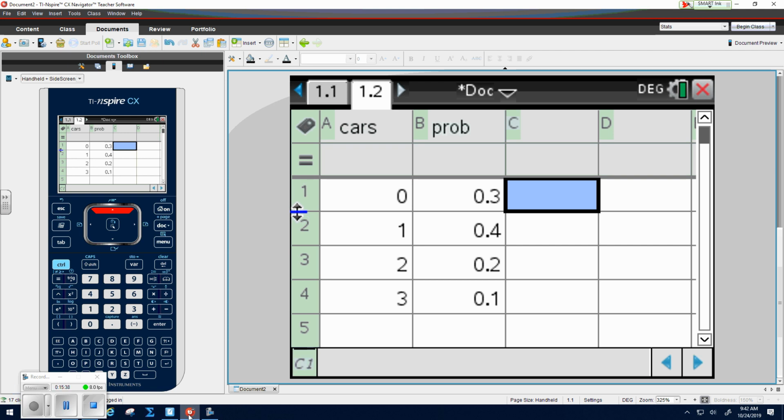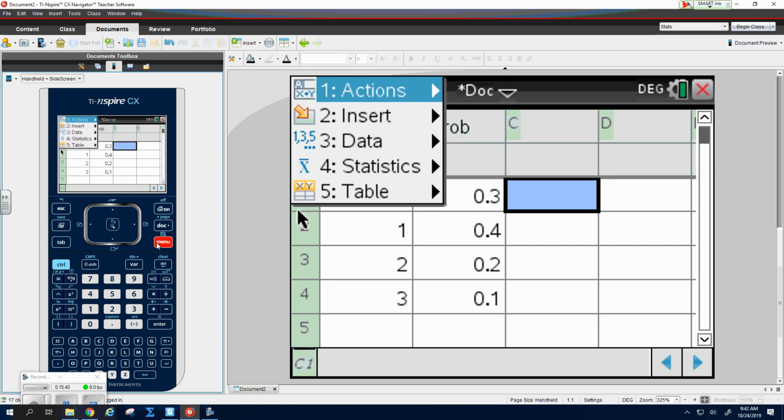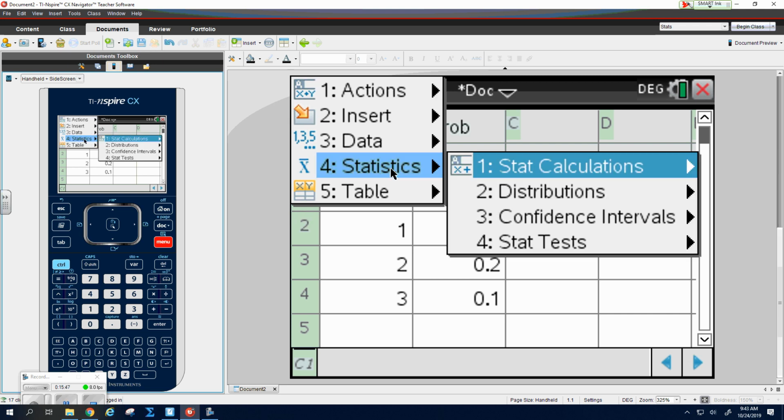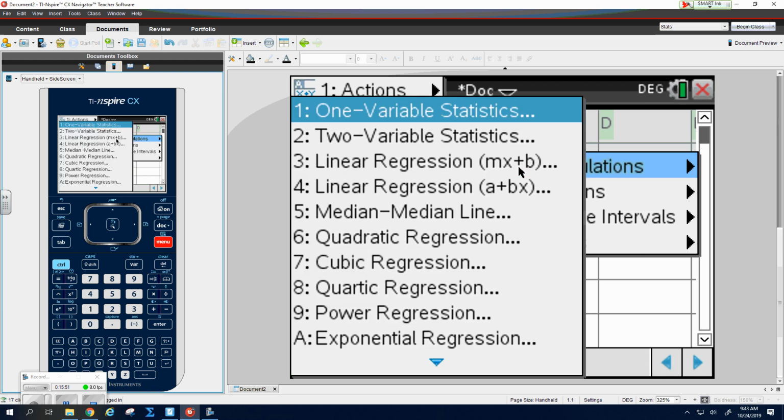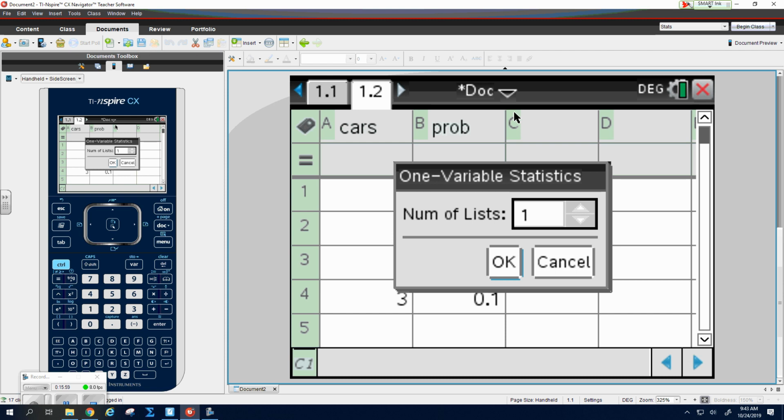Go to menu. This is the same way you did it when we had one list. There's only one extra thing we're doing. Then go to stats, and then go to stat calculations. This one variable statistics always tells us everything we know. It's still one variable statistics even though there's 2 columns, okay? Same as before. It's still number of lists 1, which is kind of interesting.